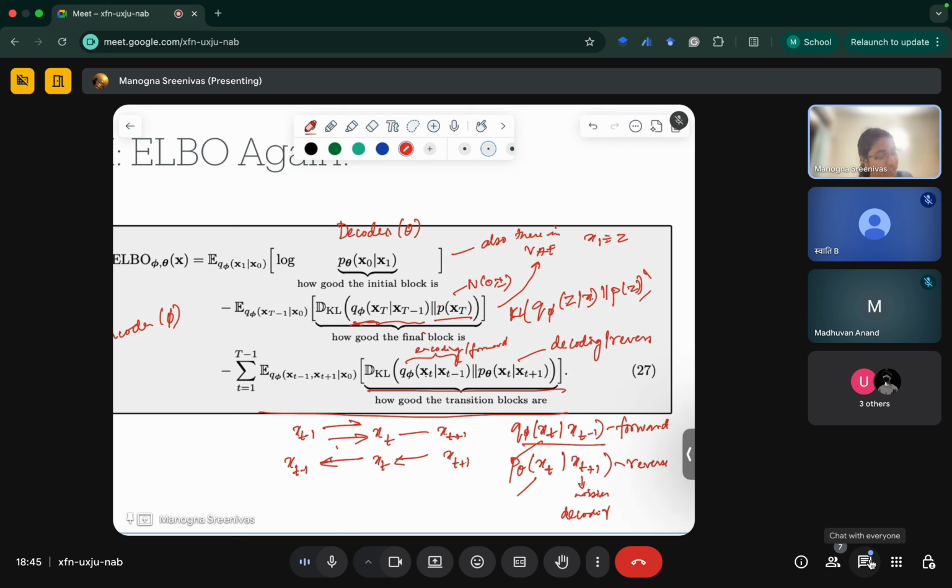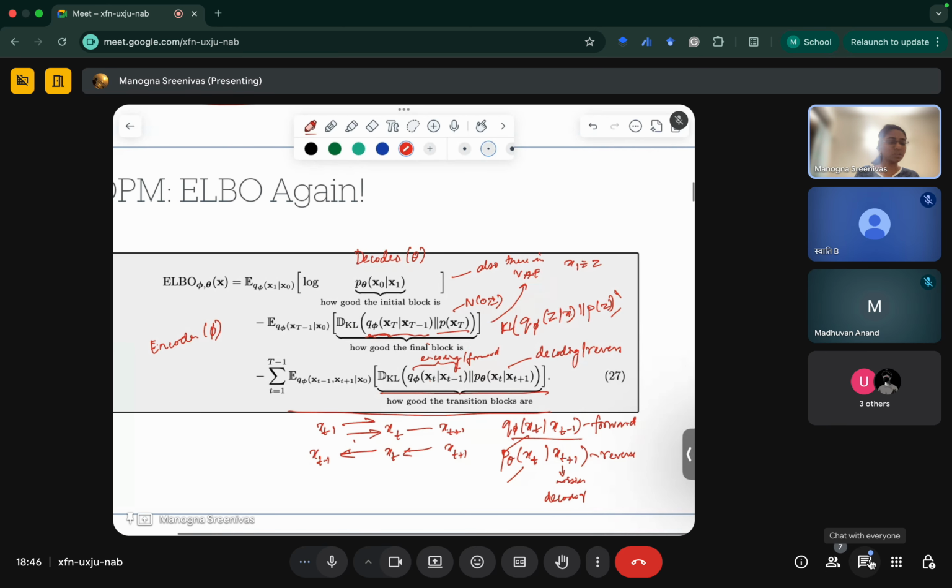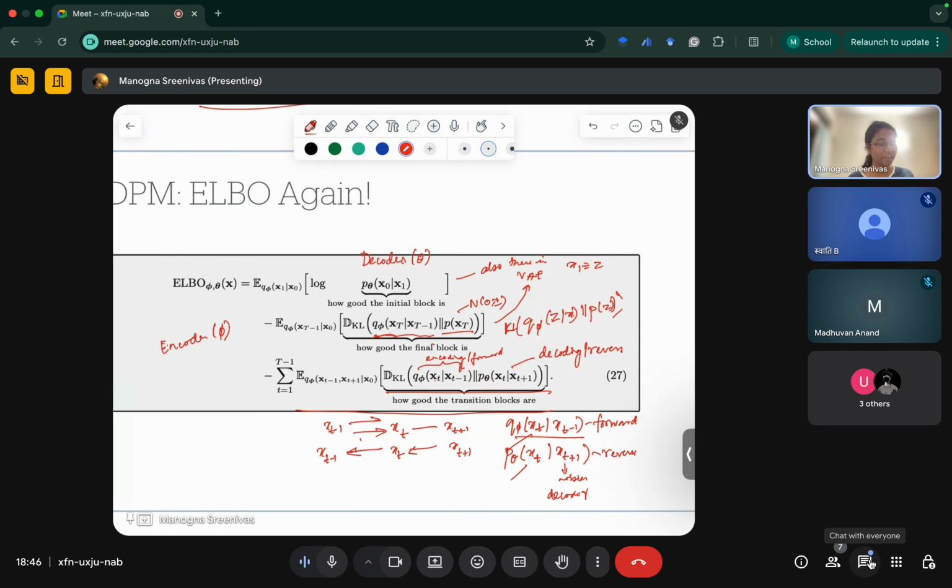Both xt should be the same even if I arrive from different directions. So that is why they extract a KL divergence term to match the priors, both these priors. So these are the three elements in training the DDPM. Is the idea clear?